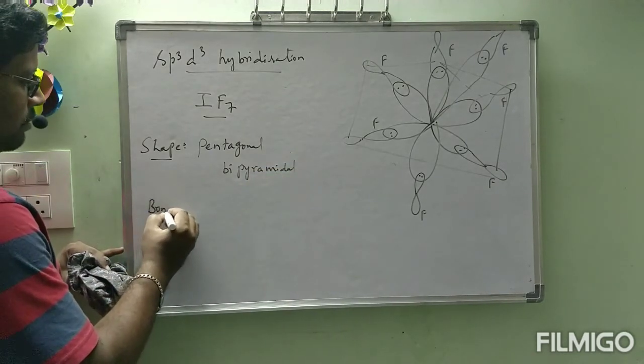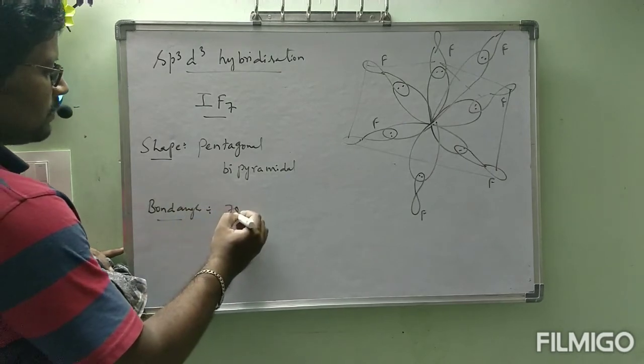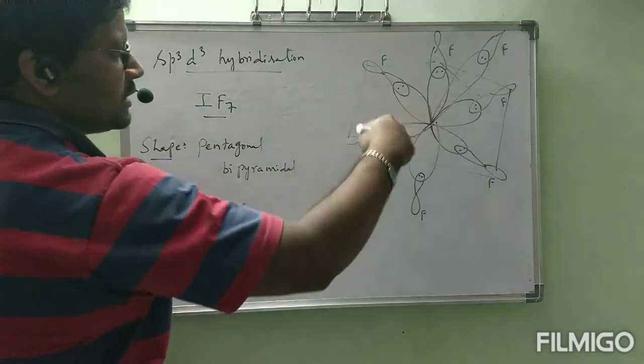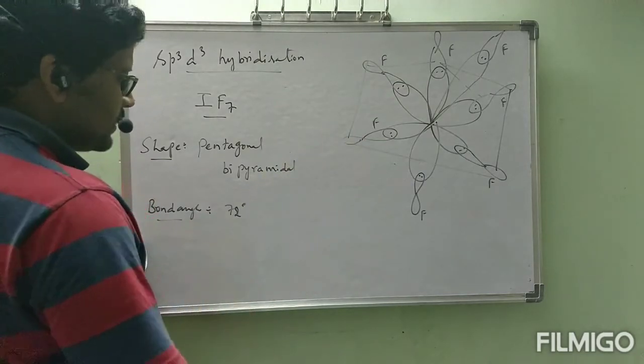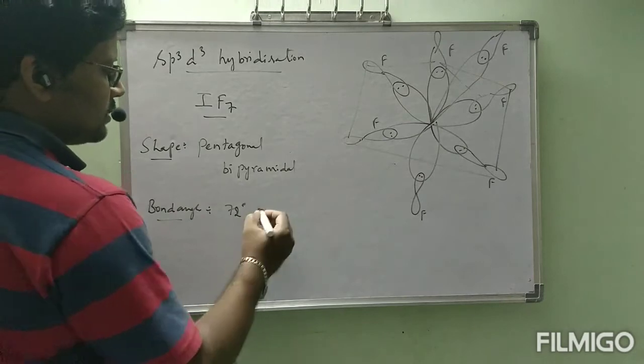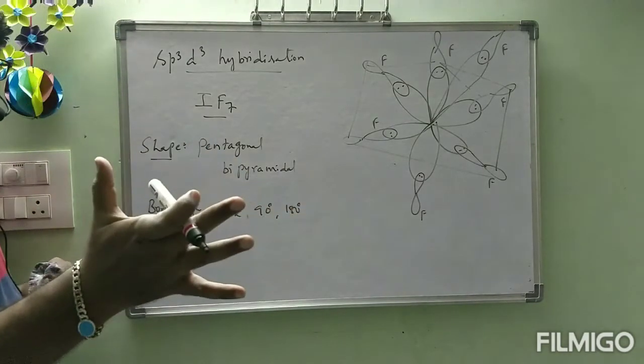Bond angle: 72 degrees, because total 360 in the plane, 360 by 5, you will get 72 degrees, 90 degrees, 180 degrees. Totally 5 bonds are in plane.